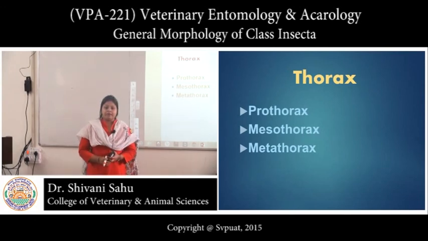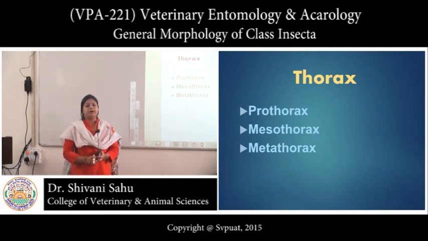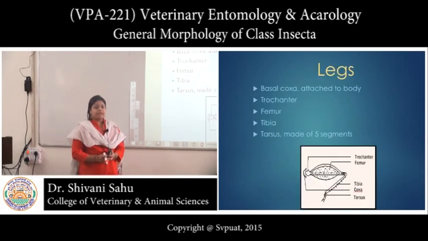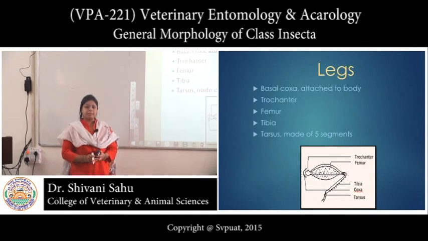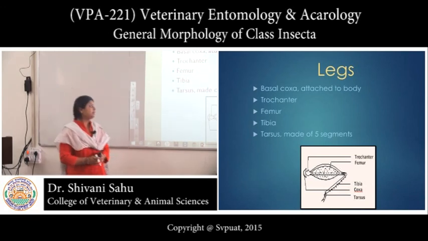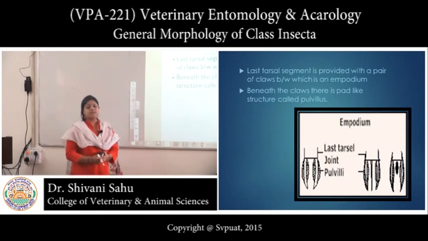Next, coming to thorax. Thorax is divided into three parts: prothorax, mesothorax and metathorax. Now coming to legs. Legs consist of basal coxa, which is attached to the body, followed by trochanter, then femur, then tibia, and then tarsus, which is made up of 5 segments. Now the last tarsal segment is provided with a pair of claws.